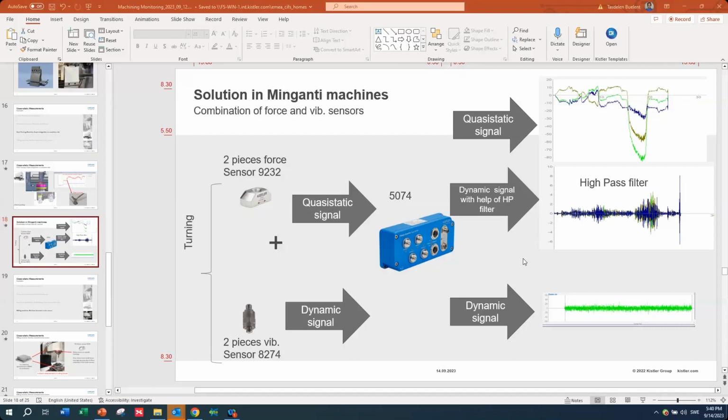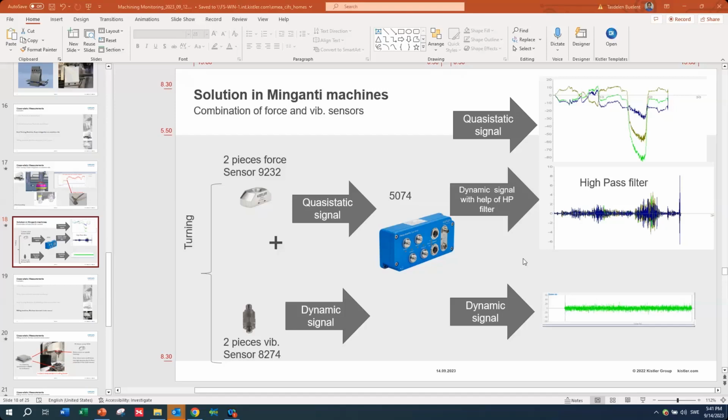So this really happens in the case that we are talking about Miganti, which we are working on now. If you look at the speed of the NC and PLC, we are talking about a little bit less than 1 millisecond, maybe half a millisecond, in the PLC that we are making the acceptance testing on this week.